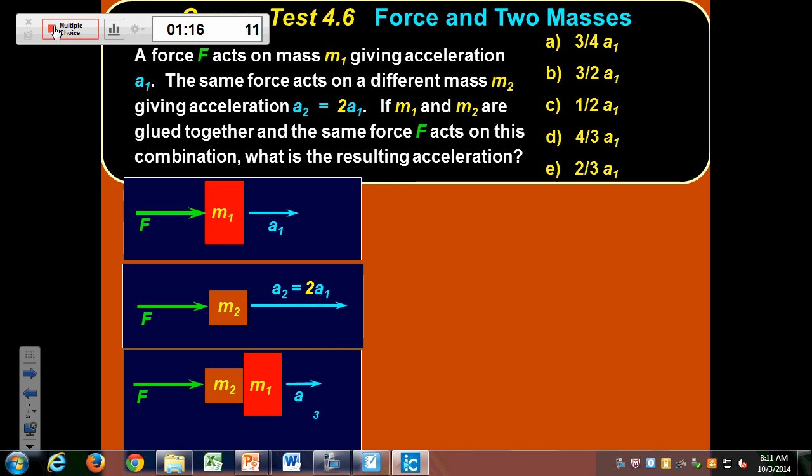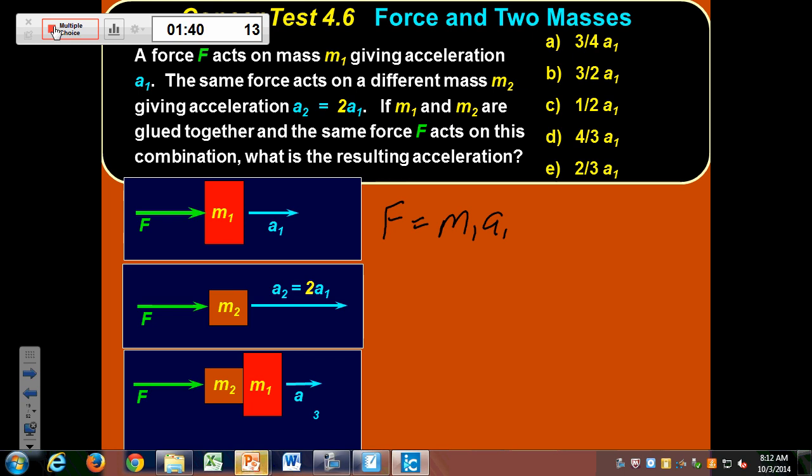Okay, not many of you are getting it right. I'm going to start stepping you through some of it, okay? Here, I have F equals M1 A1. For a given force, M1 gets an acceleration A1. Then M2 gets an acceleration twice that of A1. So what is M2 with respect to M1?